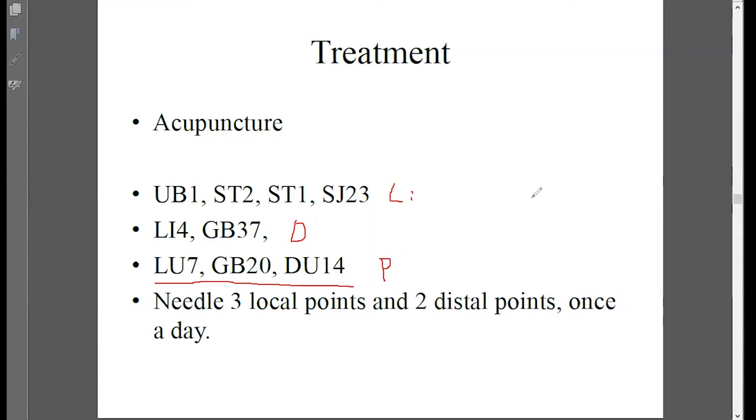This illness truly causes patients a vicious problem. We try to needle once a day, to relieve it as soon as possible. But if a patient can't come every day, they can come every other day, at least twice a week.